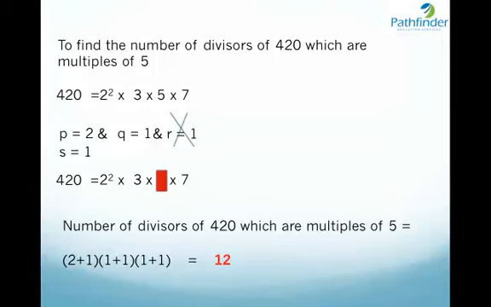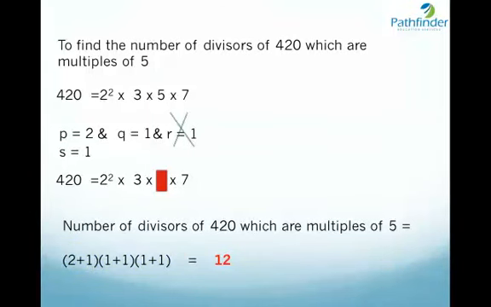The number of divisors of 420 which are multiples of 5 is equal to: p is equal to 2, so 2 plus 1; q is equal to 1, so 1 plus 1; and r has been ignored. We also have s is equal to 1, so we have another 1 plus 1 there. So we have p plus 1, q plus 1 and s plus 1 being represented as 2 plus 1, 1 plus 1 and 1 plus 1 below.